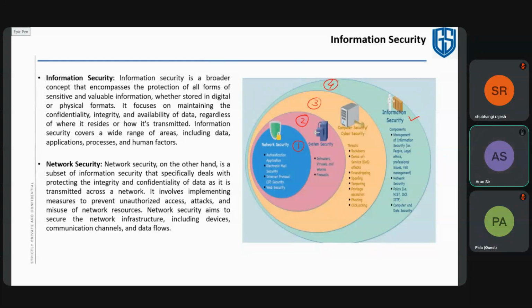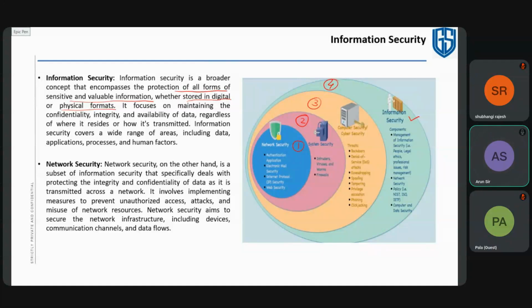The main goal of information security is the protection of all forms of sensitive and valuable information, which are stored in digital or physical format. This is the ultimate objective of information security. Let there be network, let there be firewall, let there be load balancer, let there be application servers in the non-DMZ, web servers in the DMZ zone.